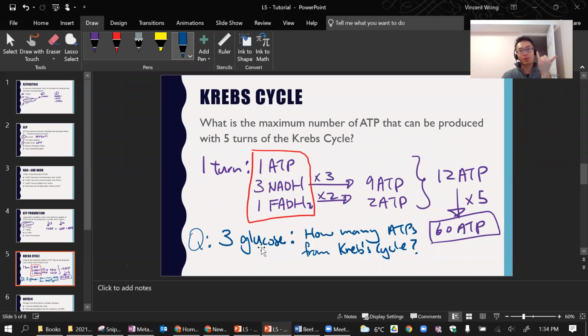That's 6 turns. 1 turn will give you 12 ATP, so you would multiply it by 6 for this question. 6 times 12 is, of course, 72. I hope that makes sense.